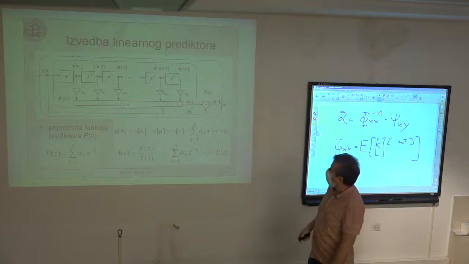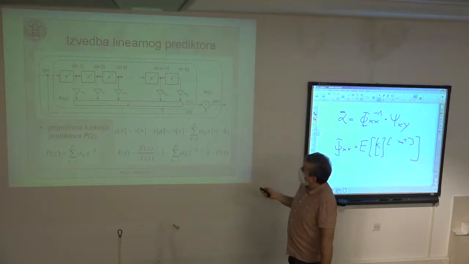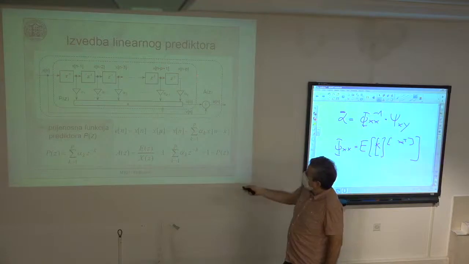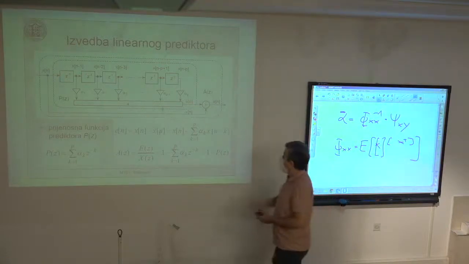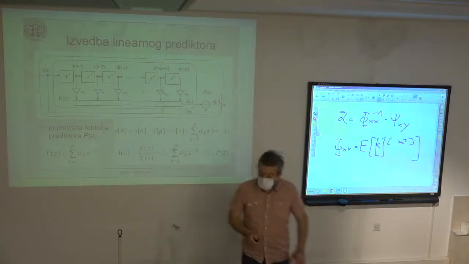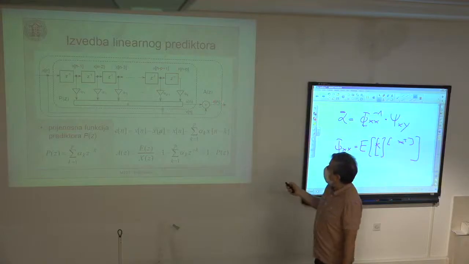So its transfer function A of z also includes this difference between the input sample and the predicted value. But the inner system, P of z, only computes the output prediction.